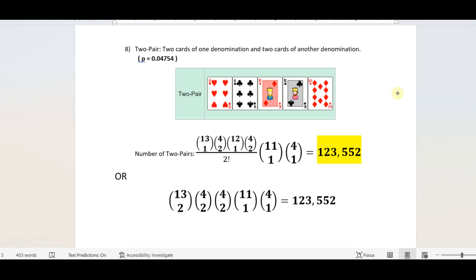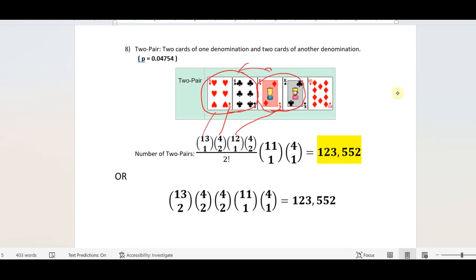Now, the way I've done it up here, again, it's kind of like I did in number 7. I said, well, there are 13 choose 1 ways to select the first one, right? And within that, there are 4 choose 2 for the selection within the denomination. Once I've chosen the first denomination, then there are 12 choose 1 ways to select the next one, correct? But then again, the order of these doesn't matter.